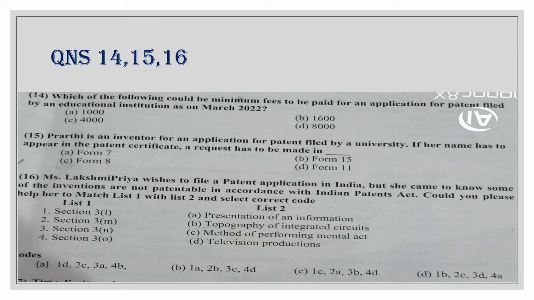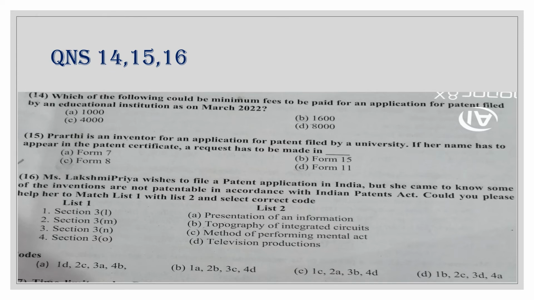M for mental act, you can just correlate. Then section 3 clause N, that will go to presentation of information. N for the rhythm or the rhyme things, that is presentation, information, etc. And the next one is section 3 clause O, that is topography of integrated circuits. O for topo. This way we can correlate and find the correct option.